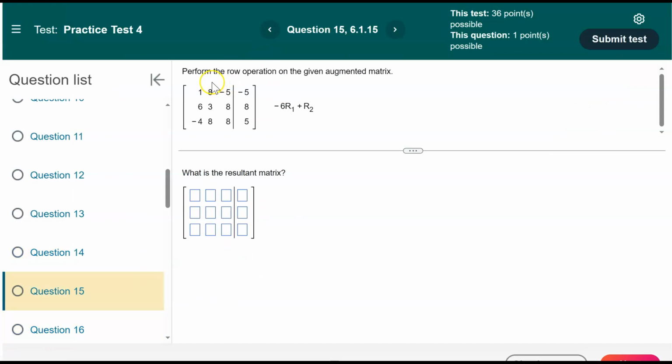Here we are asked to perform the row operation on the given augmented matrix. You have -6R1 plus R2. What does that mean? R1 means row 1, R2 means row 2. So -6R1 means you multiply -6 to row 1, including the constants, and then you add that to the second row.